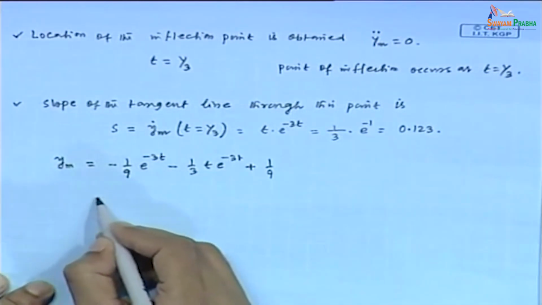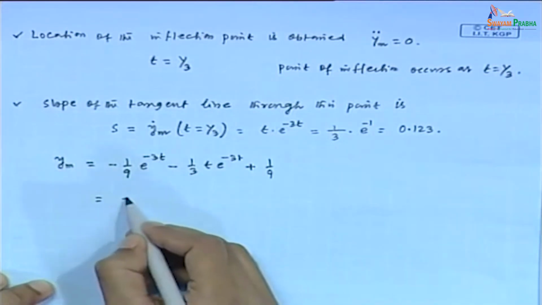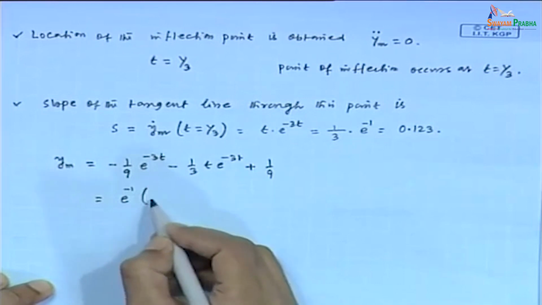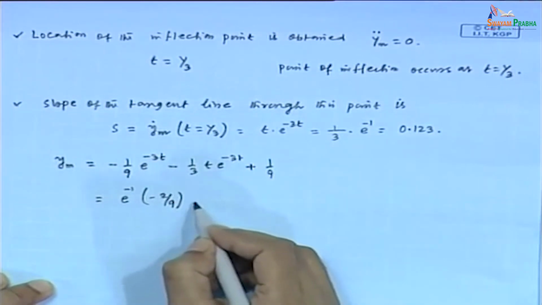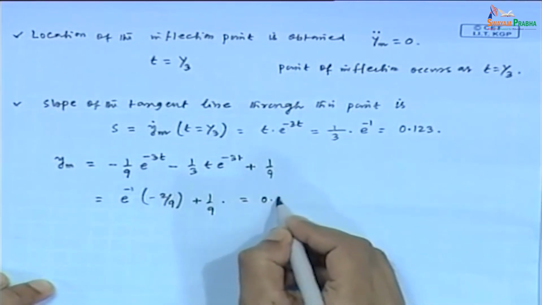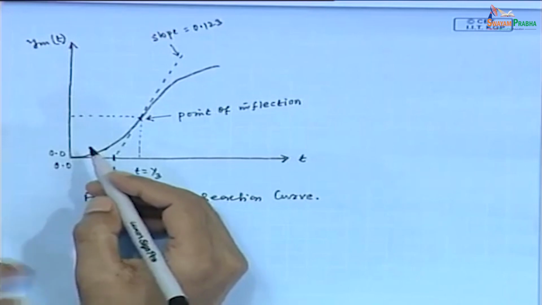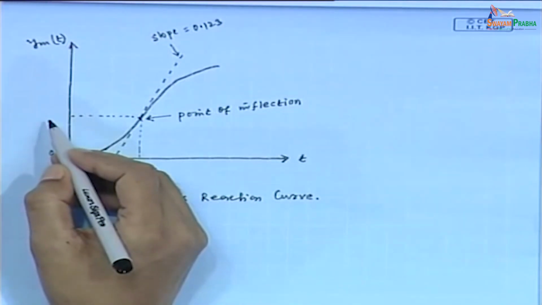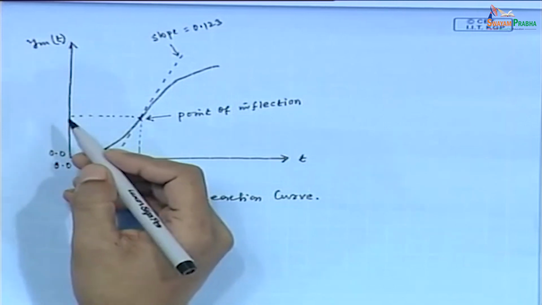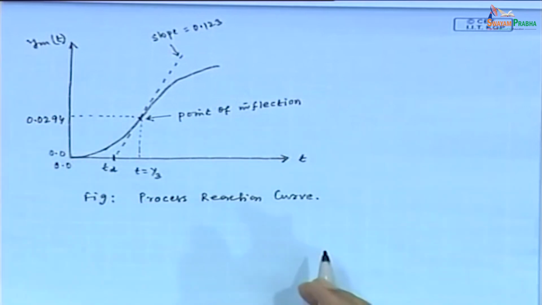If we substitute t equals 1/3, then we obtain this, which is equal to 0.0294. So, the Ym at t equals 1/3 is 0.0294.